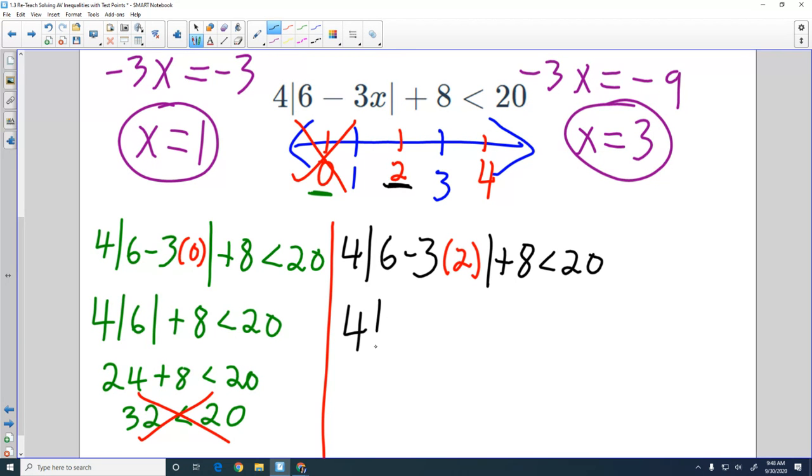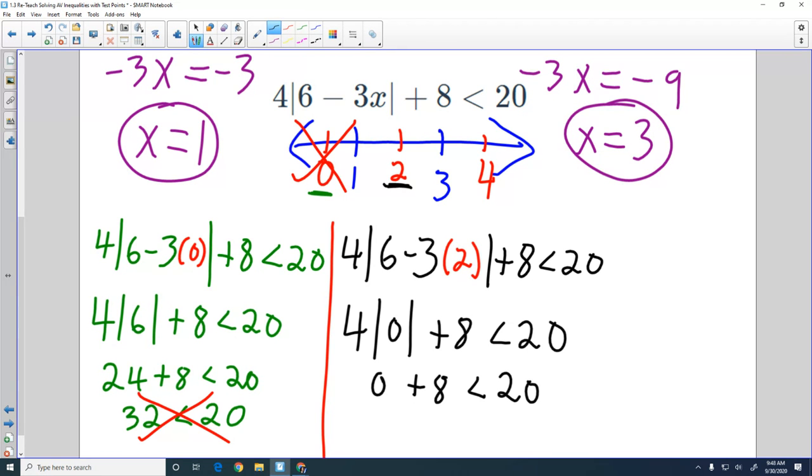So this is 4 times the absolute value of 0 plus 8. We're seeing if that's less than 20. Well, 4 times 0 is 0, and 0 plus 8 is 8. And then our inequality now says, hey, 8 is less than 20, and that is true. All right, so I know this middle section is going to be part of my solution.